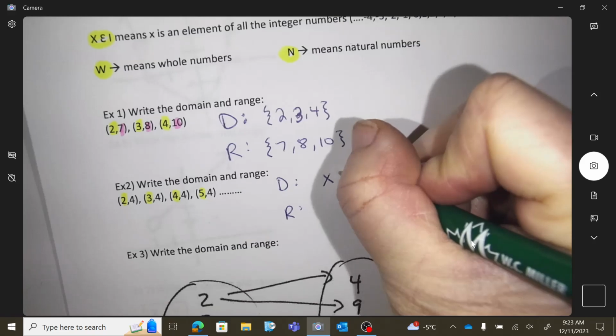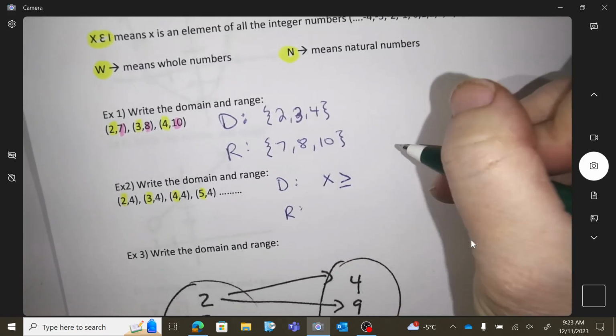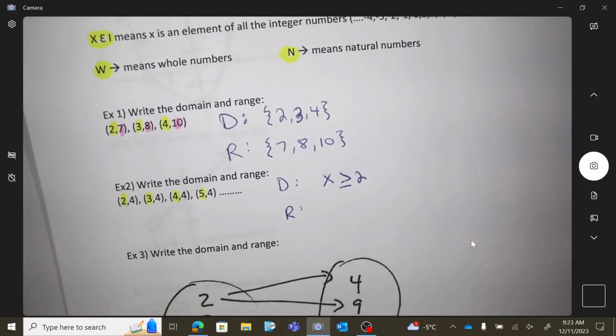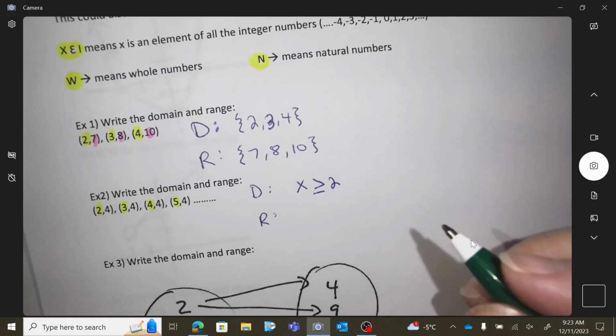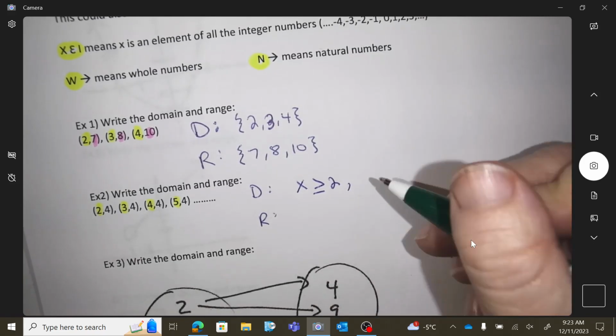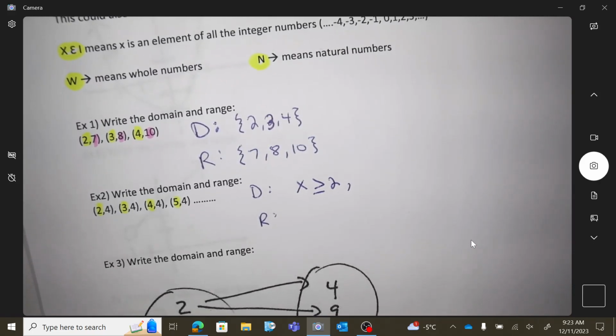Would you agree that I'm going above or at 2? But am I doing every single number above 2? Like, am I doing 2.3, 2.4?